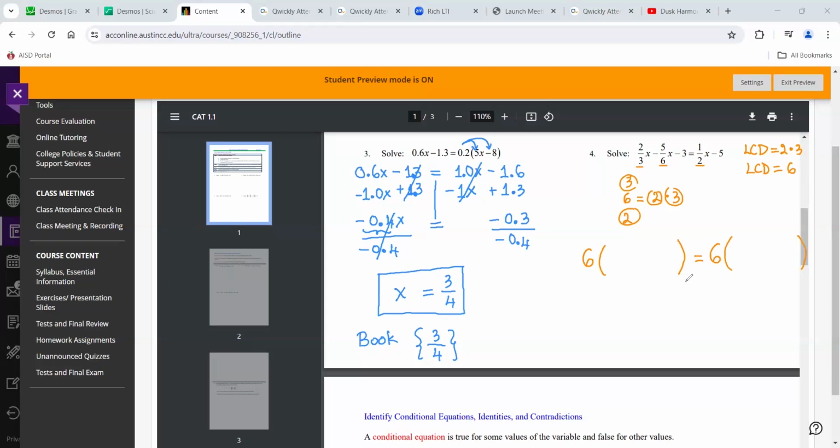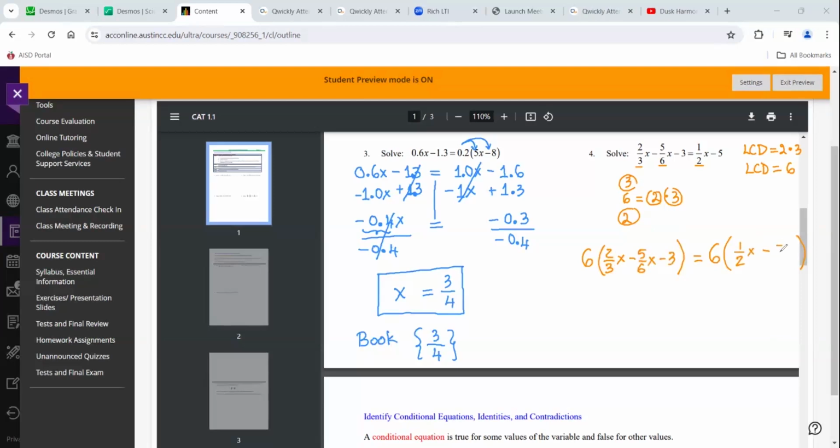So let's start with the left-hand side. I'm going to copy the fraction over again. So 2/3.